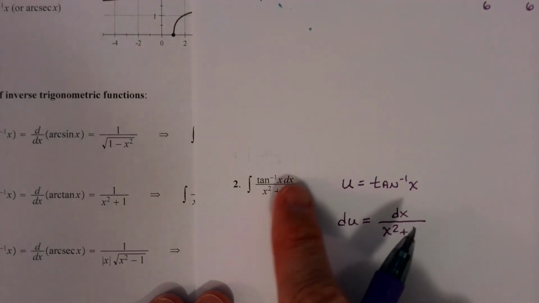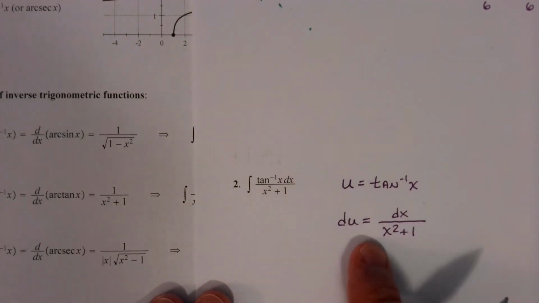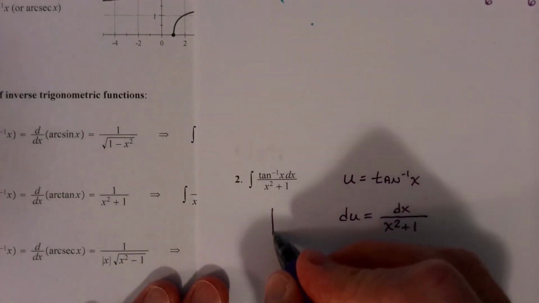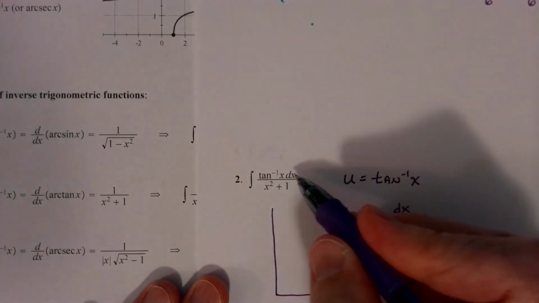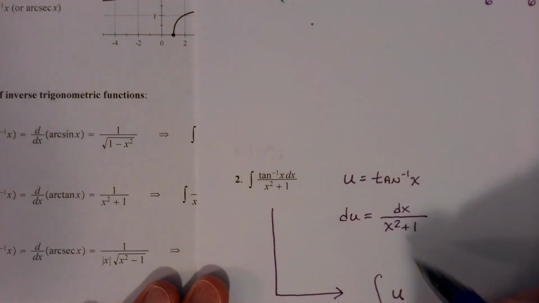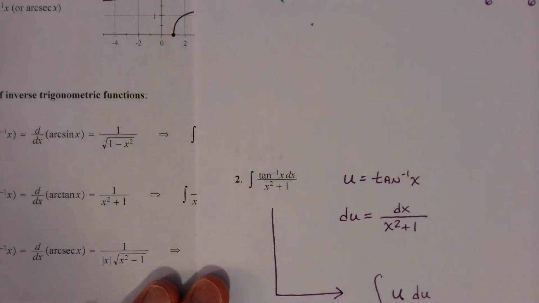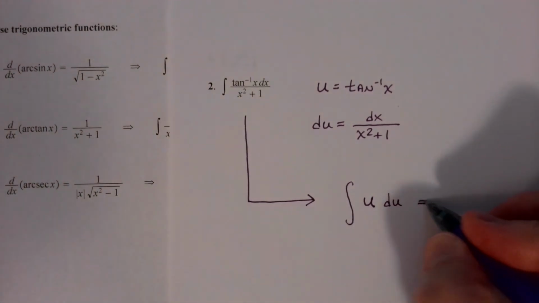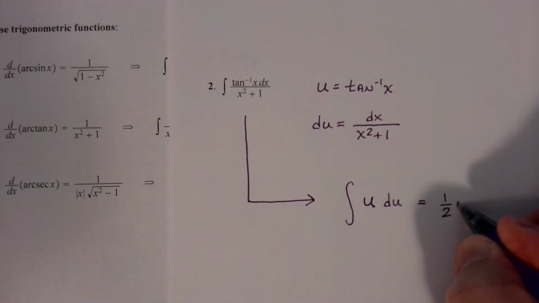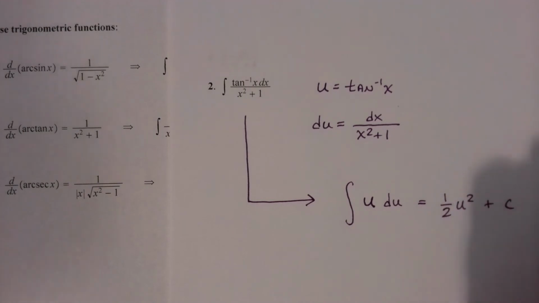That's what I have left: dx over x squared plus 1 is my du. And this integral simply becomes the integral of tangent inverse of x, which is u, times dx over x squared plus 1, which is just du. It's just u du, the antiderivative of u. What's the antiderivative of u? By the power rule, that's 1/2 u squared plus a constant.